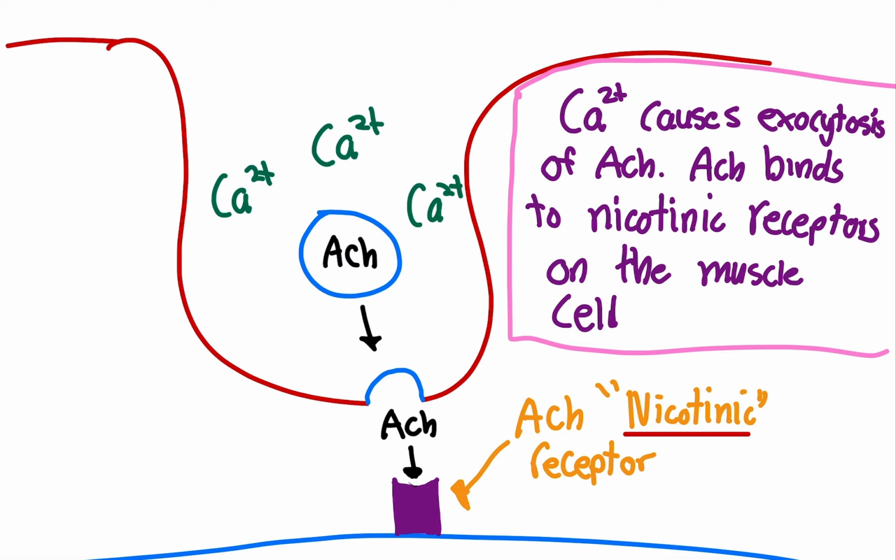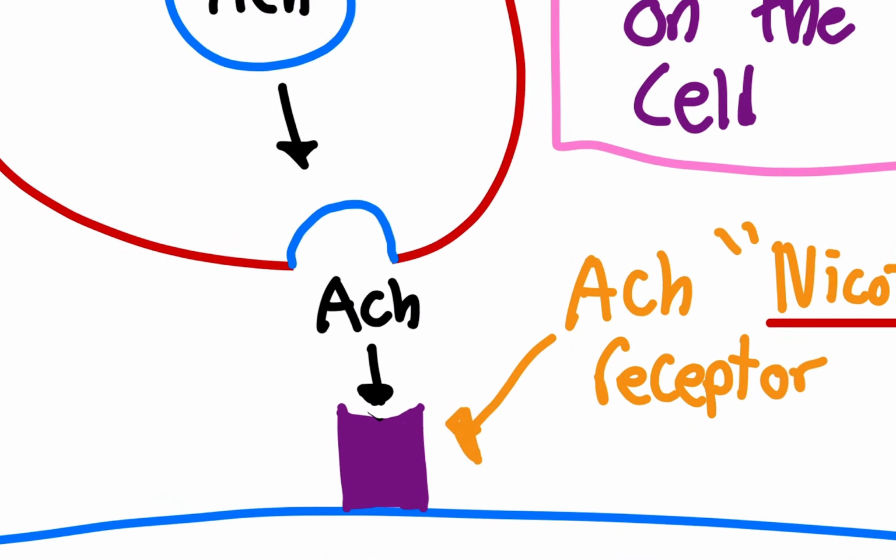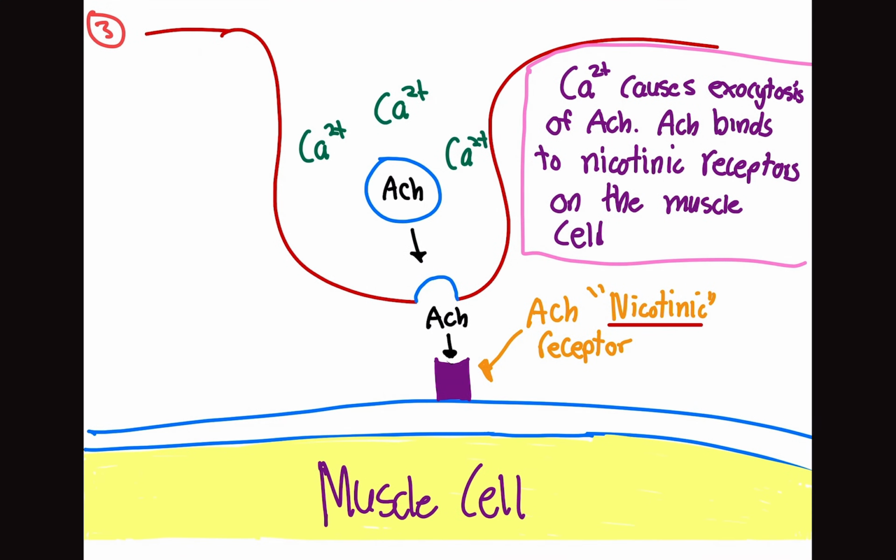It's acetylcholine. There's acetylcholine in these vesicles, trapped like little bubbles inside the axon terminal. When calcium is inside the axon terminal, it causes acetylcholine to be released in the synapse.